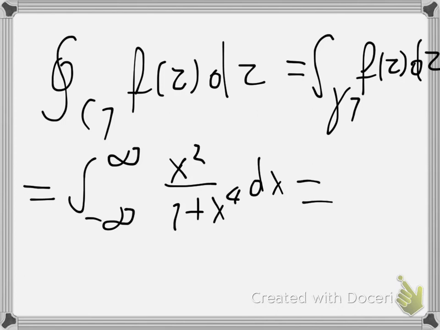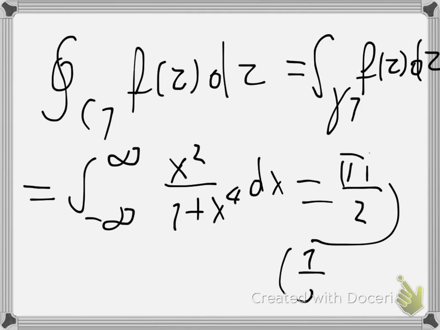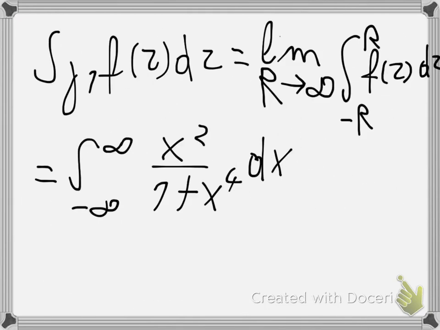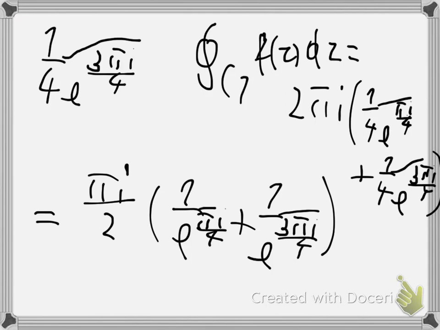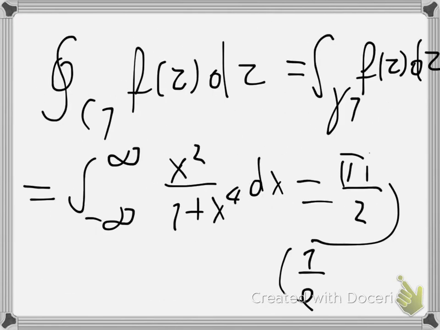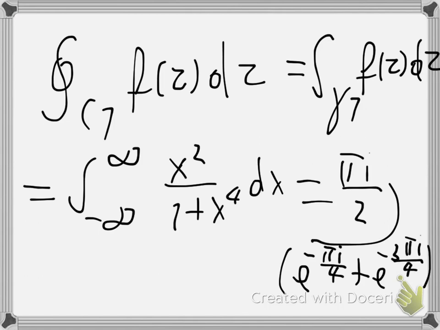And using the residue theorem, we came up with the value pi i over 2 times 1 over e to the pi i over 4. Basically, I can just write e to the negative pi i over 4 plus e to the negative 3 pi i over 4. And so this is the result of our integral.